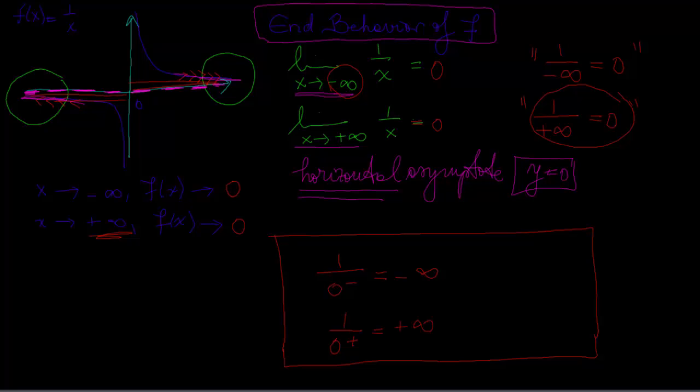These will give us the explosion near the vertical asymptotes towards plus or minus infinity. And on the other hand, talking about the end behavior, the horizontal asymptotes, we have the one form where we divide 1 by positive or negative infinity, and in both cases we will obtain the value of 0.